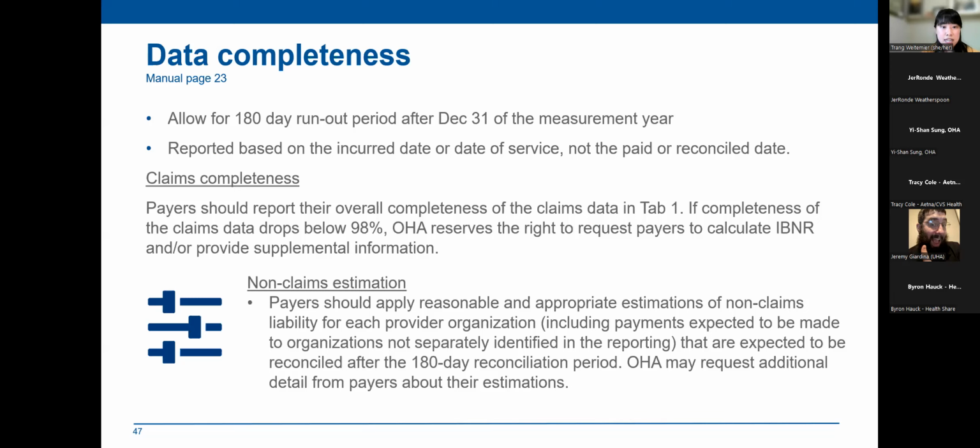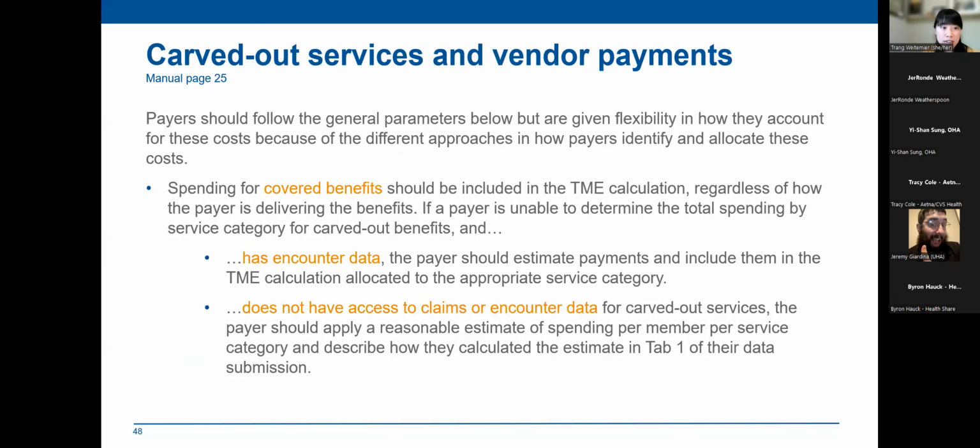Next slide. All right. So this is for carve-out services and vendor payments. There may be some estimation in these costs in your TME data spending. So just some things we want to note in terms of these carve-out services and vendor payments.